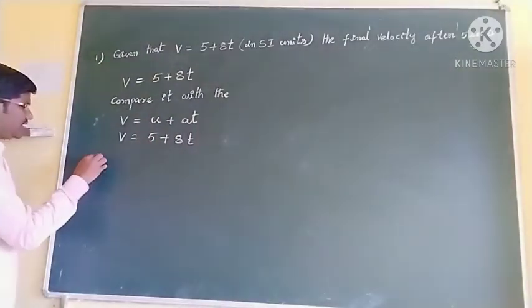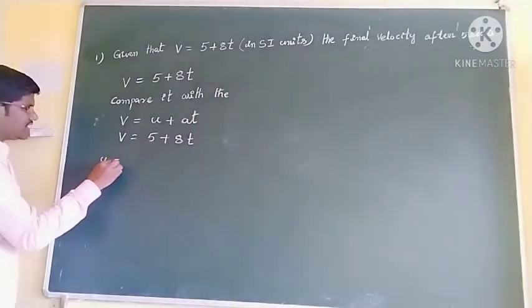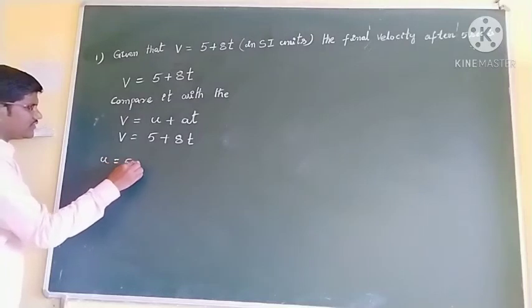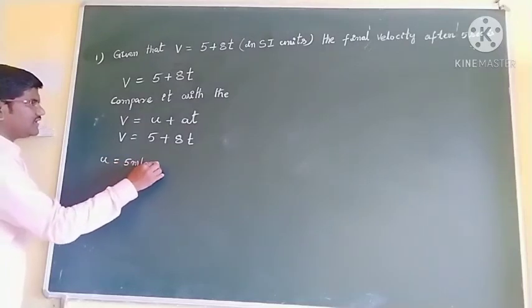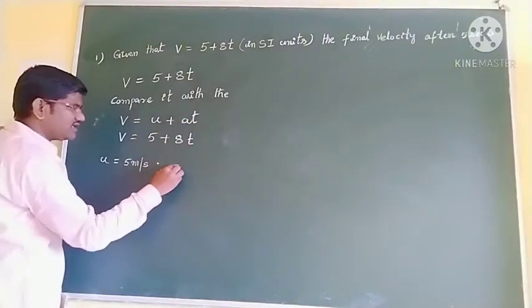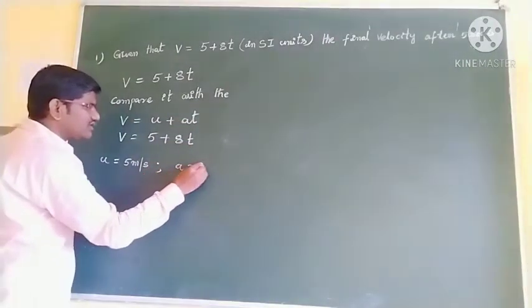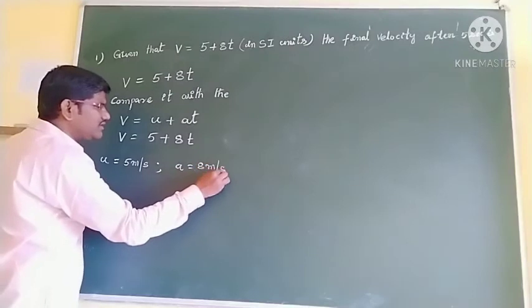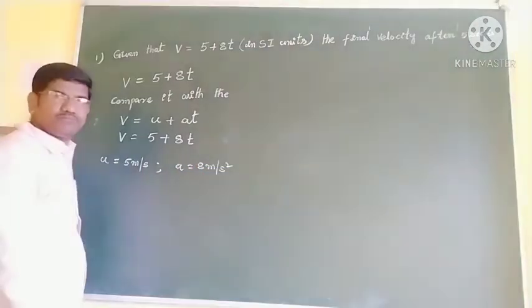So we are getting u is equal to 5 meters per second, and the t coefficient is acceleration. The t coefficient is 8 here, then acceleration a is equal to 8 meter per second square.